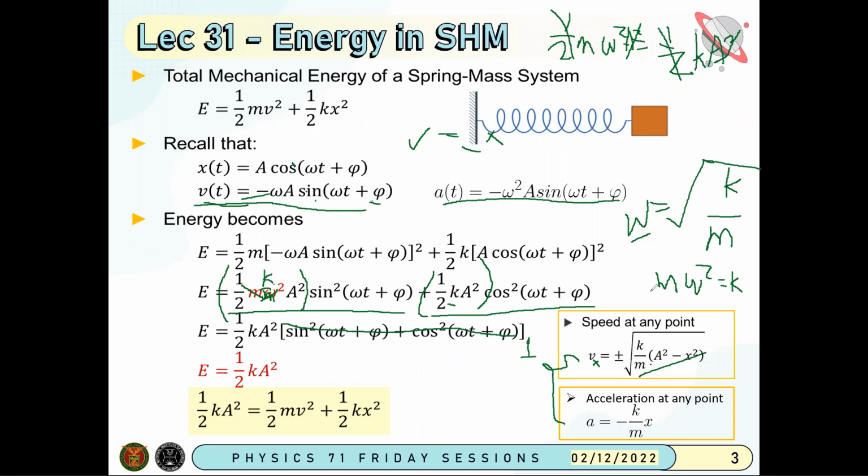Right? So m is kilograms. Omega squared ay angular frequency. Ano yung angular frequency? Radians, something radians, or distance. So something distance squared.